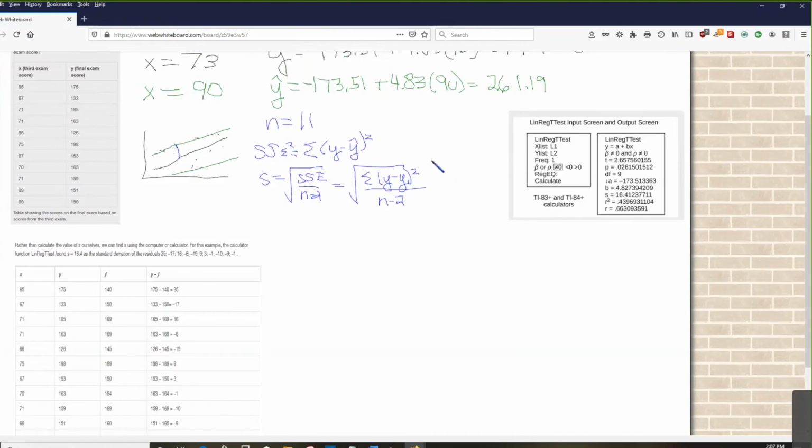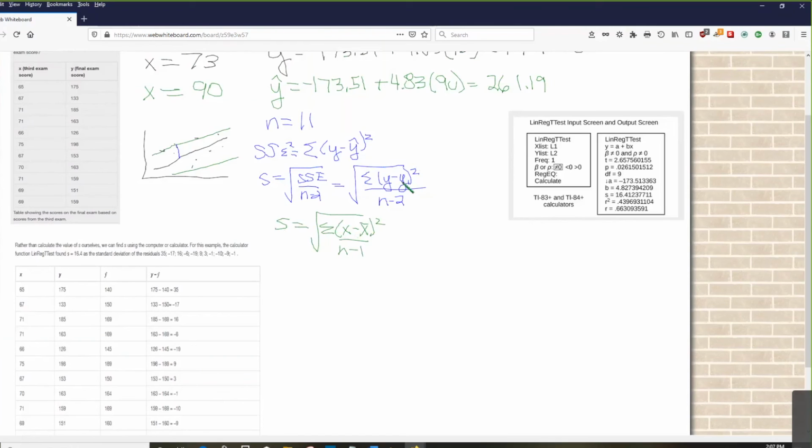And then if you'll recall from Module 2, just to see how this looks familiar, the sample standard deviation for Module 2 was the square root of the sum of X minus the mean of X, quantity squared, divided by N minus 1. So if you're working with just one value instead of 2 values, you're going to use this equation for your sample standard deviation.